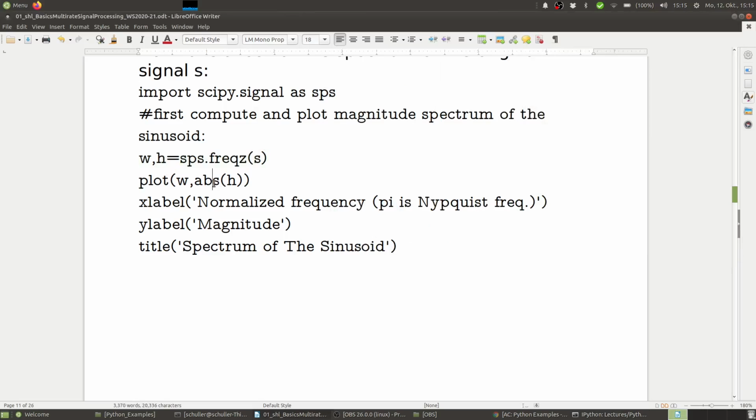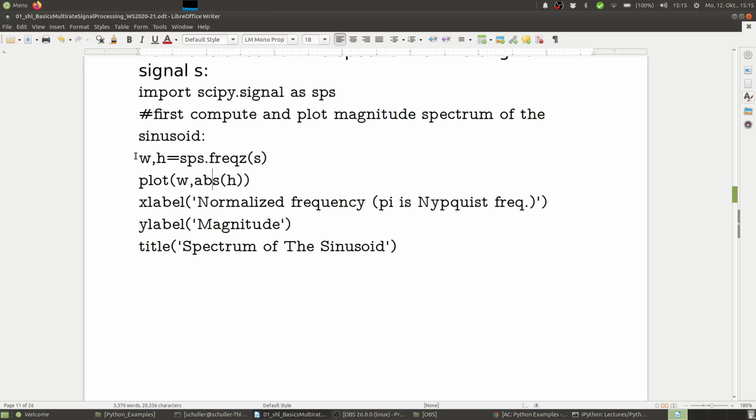and then I plot the magnitude. So here the W contains the frequency sampling points as normalized frequencies. Right, so they actually go from 0 to pi because we have real valued signals, and for real valued signals we have this symmetry between positive and negative, or between 0 to pi and pi to 2 pi.